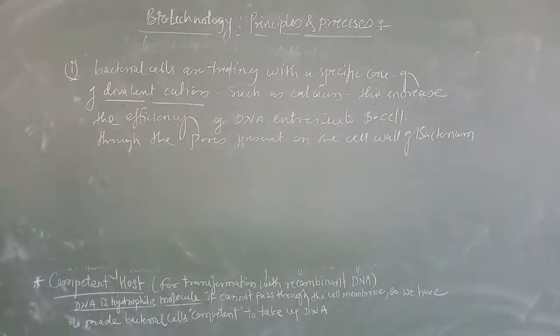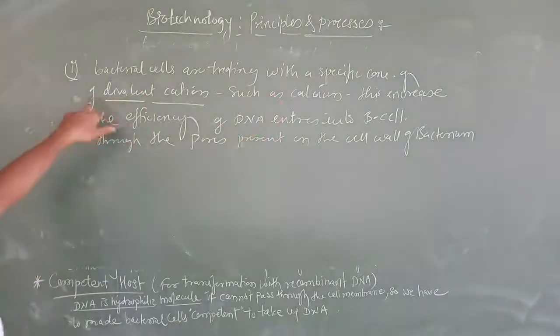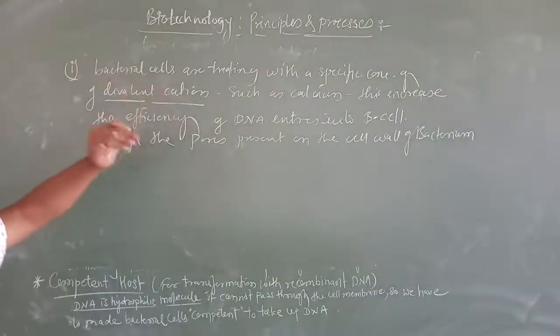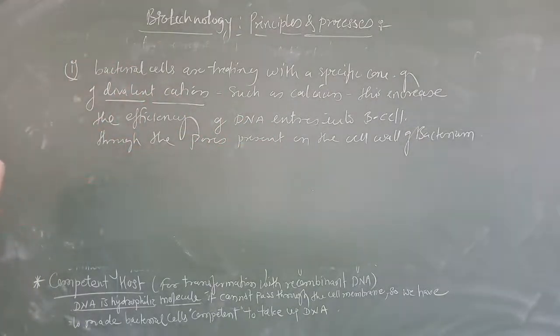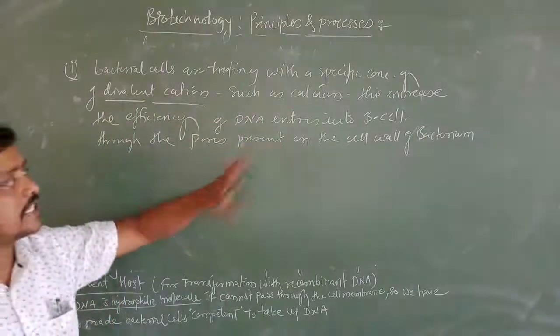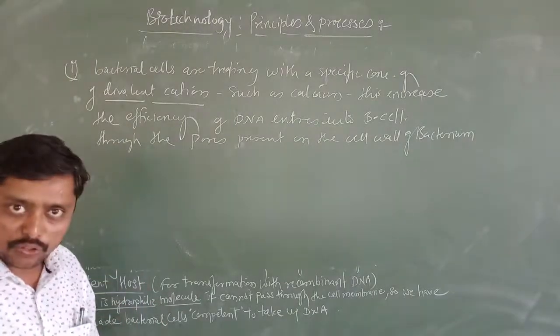First, the bacterial cells are treated with a specific concentration of divalent cation such as calcium. Then that increases the efficiency of DNA entering into the bacterial cell through the pores present on the cell wall of bacteria. And what is the procedure you have to follow here?